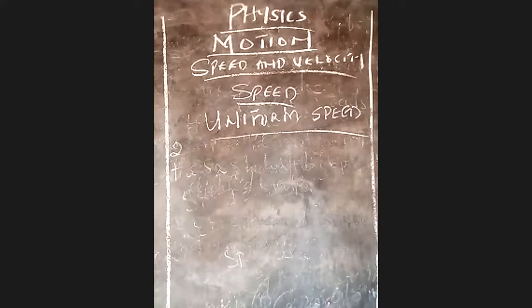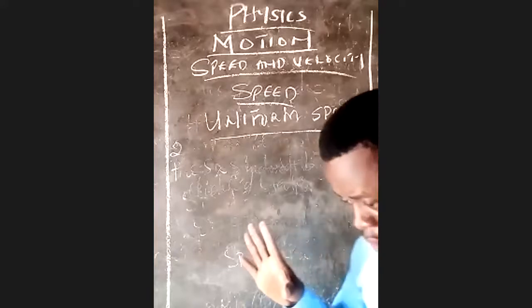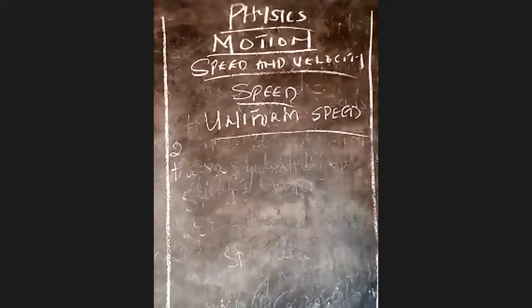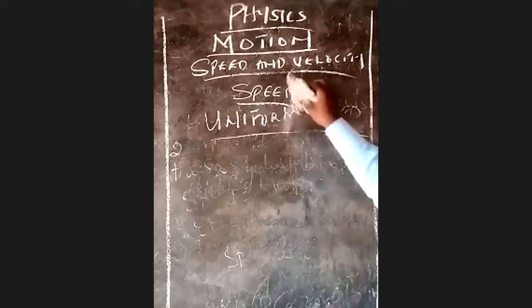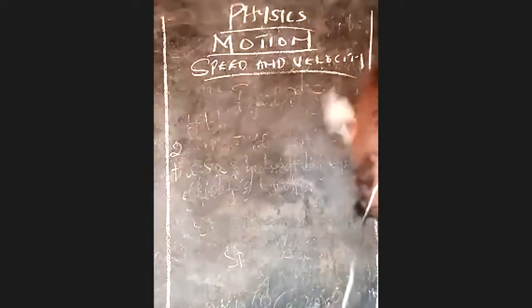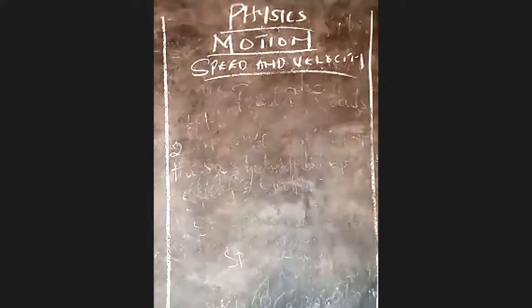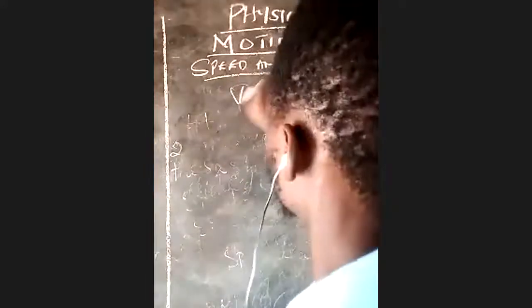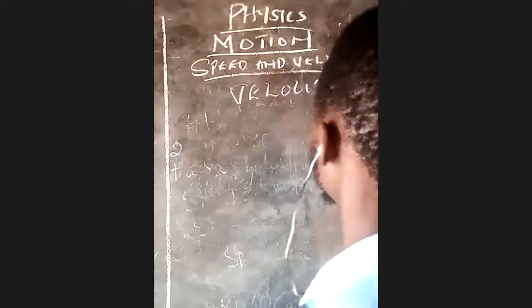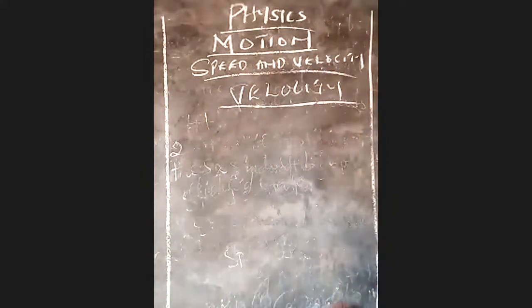That is what uniform speed is all about. Let us quickly talk about velocity, then we can quickly move into the calculations.